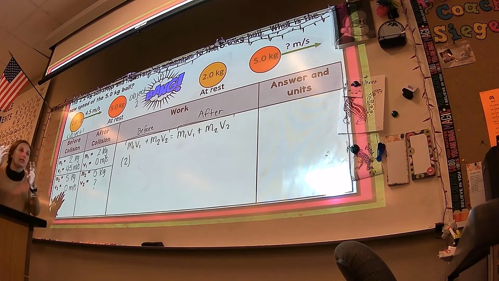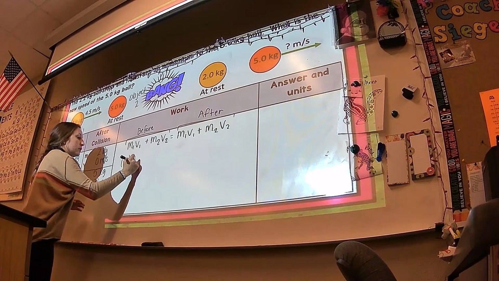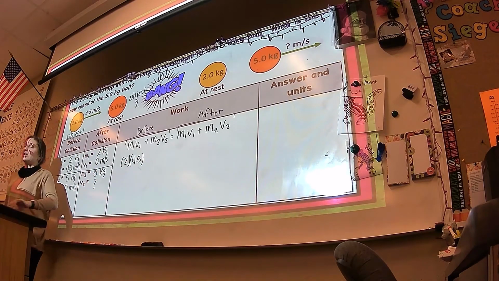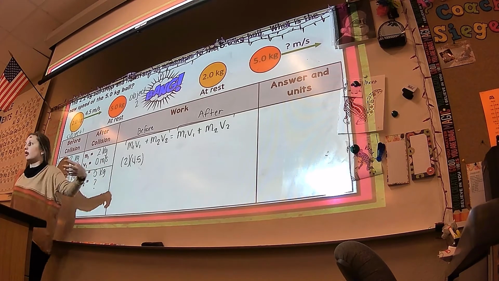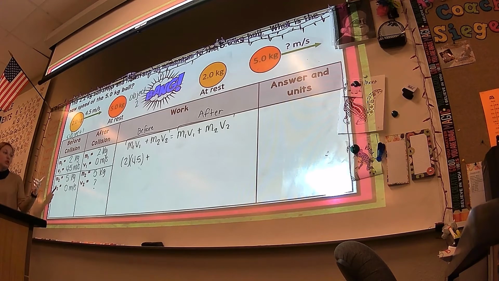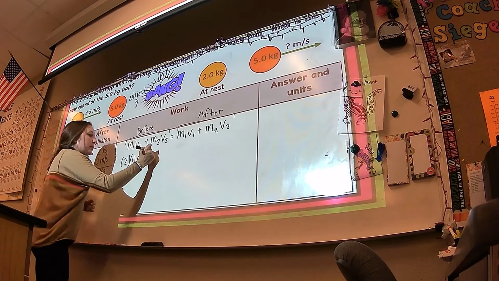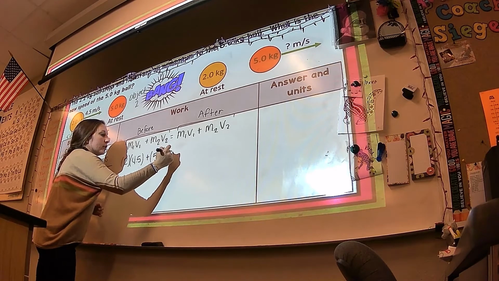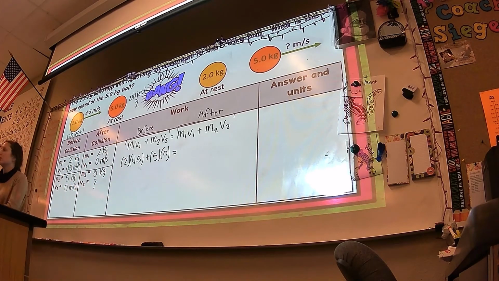I'm going to put parentheses around it. So what mathematically am I eventually going to do with these two numbers? Multiply. Good job. Okay, let's keep plugging in numbers. M2 before is 5. I'm going to put that in its own parentheses. V2 before is 0. It goes in its own parentheses. And then there's my equal sign.